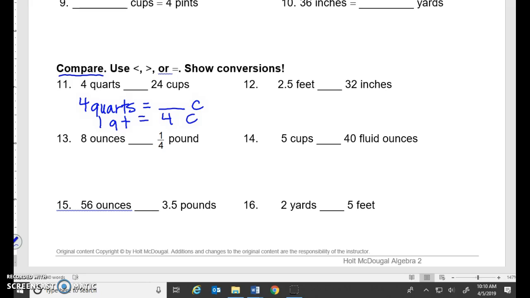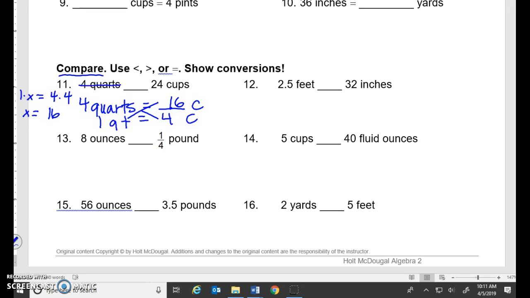Okay? And now I'm going to do my conversion. Off to the side, I'm going to be doing my cross multiplication. So I'm going to have 1 times x equals 4 times 4. So then I end up with x equals 16 cups. So I know that 4 quarts equals 16 cups.